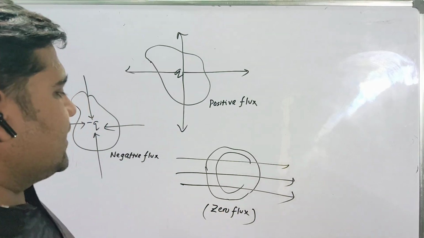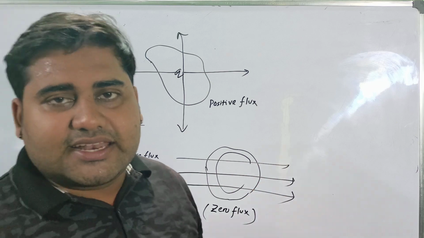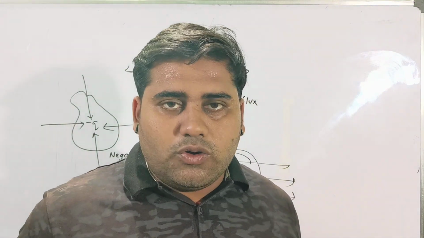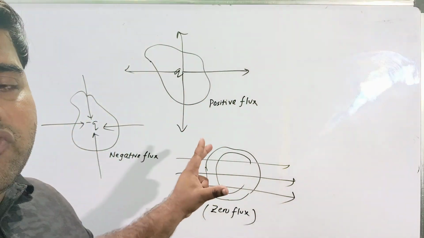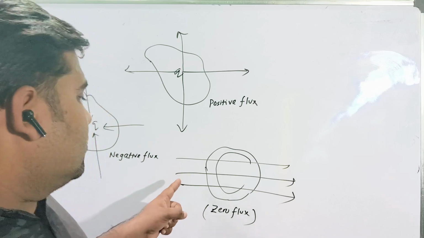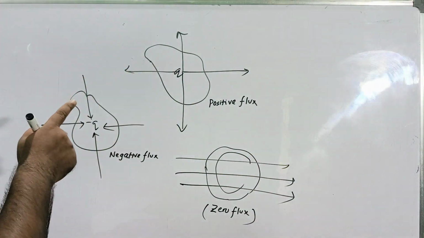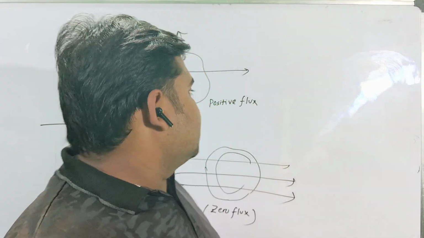And also you can understand that this object is not enclosing any charge. This object is enclosing a zero net charge, and hence the flux through this object is zero. If it encloses a net positive charge, then positive flux is coming out of that object.